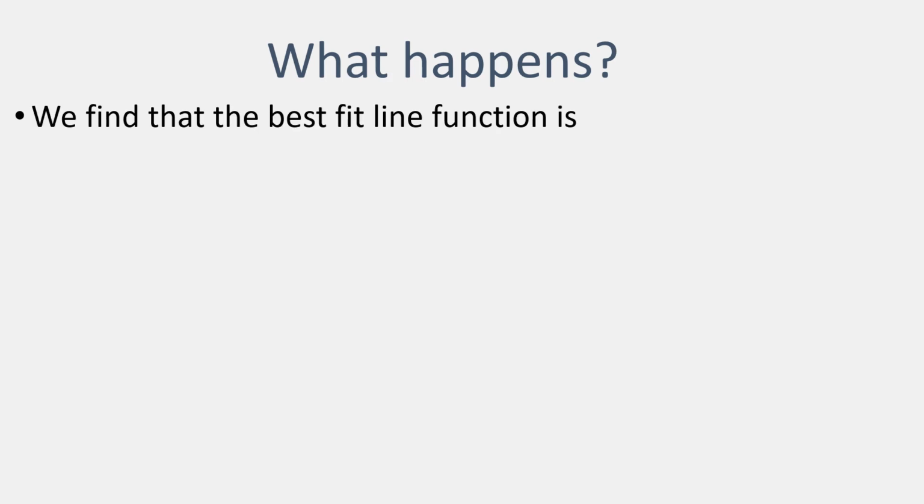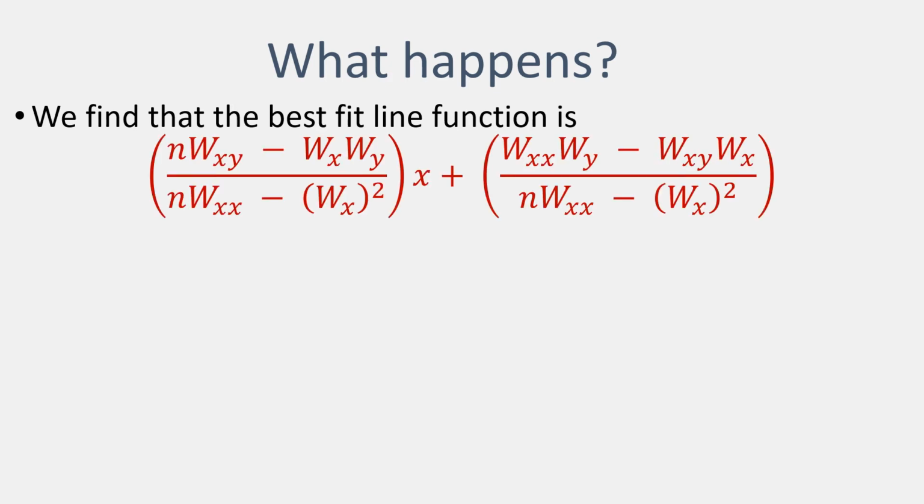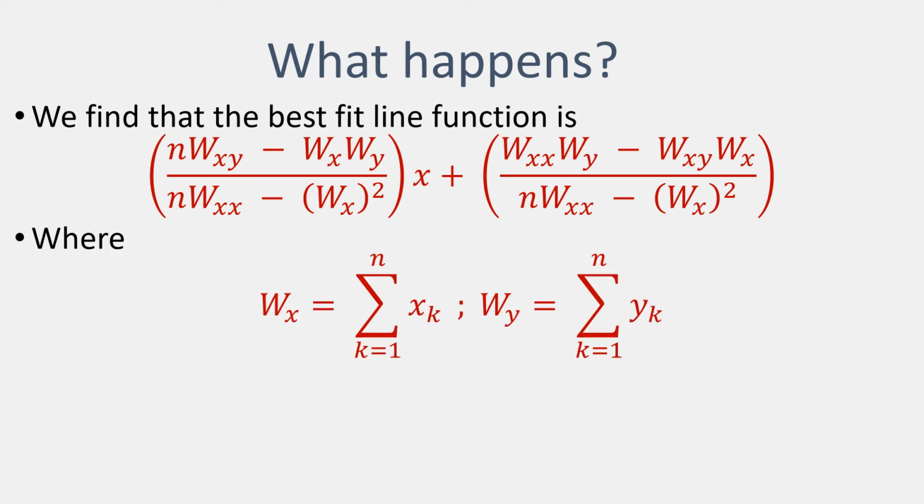We find that the best fit line function is this expression here. I'm not going to work through how exactly we get that. I'm just going to quickly run through the notation that's being used here. So what do we have? This notation indicates the sum of our data values.